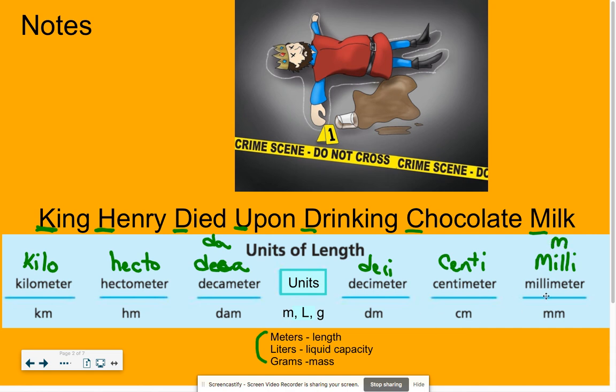Except if I had millimeters, I'm going to have 2 M's together because I will have the milli, which is the prefix, and the meters, which is the root word. So all of our units will have one of these letters. So if all I see is an M, then I know I'm in the units.